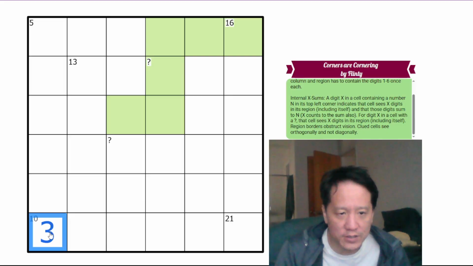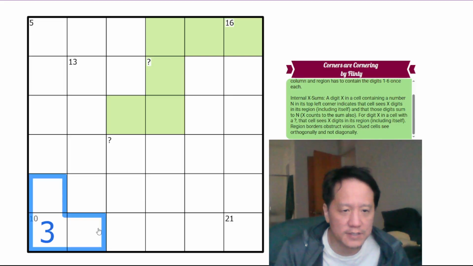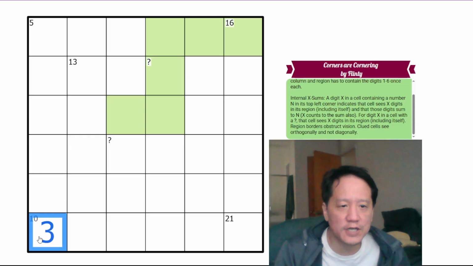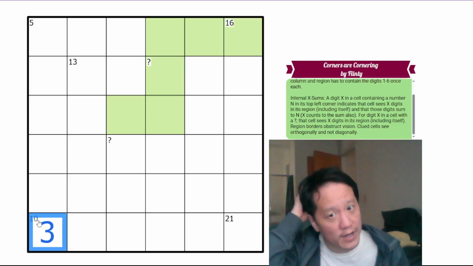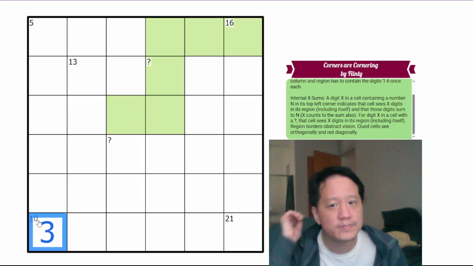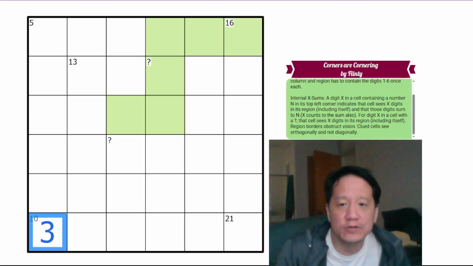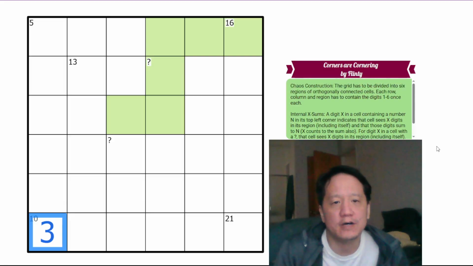The digit in the cell is the number of digits in the same region that it can see, including itself, and the digits it sees sum to the number in the upper left corner, which is 10 in that case. Anyways, those are all the rules. If you'd like to play along, there's a link in the description. And now, I'm going to get started.